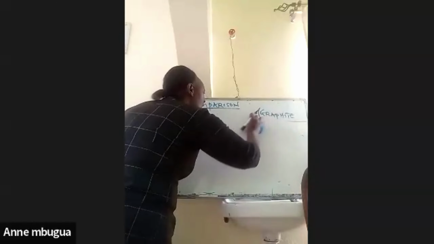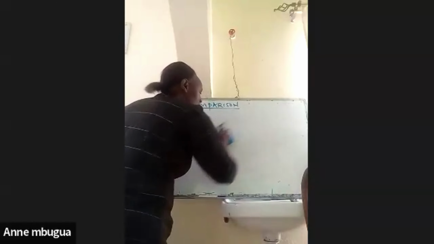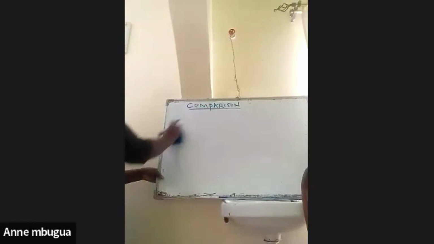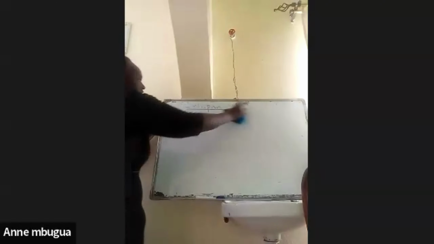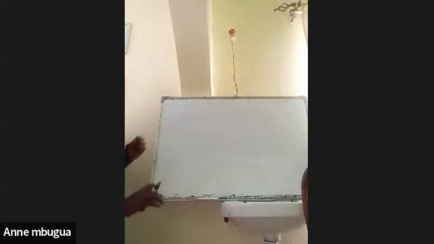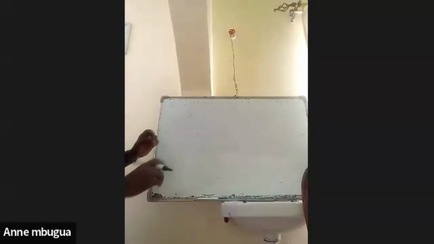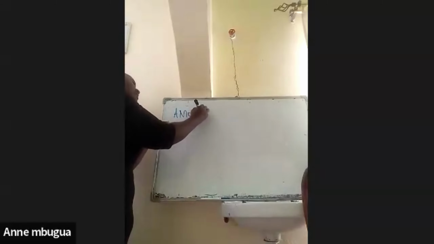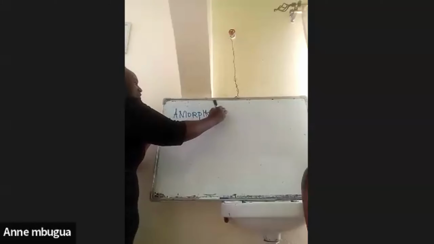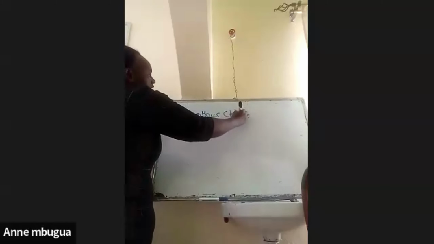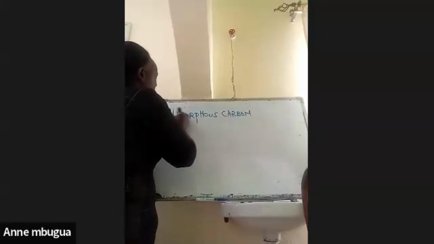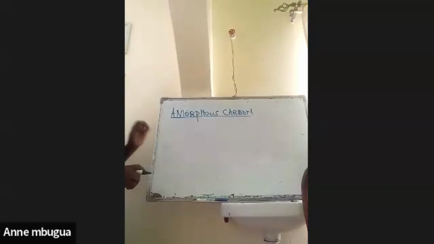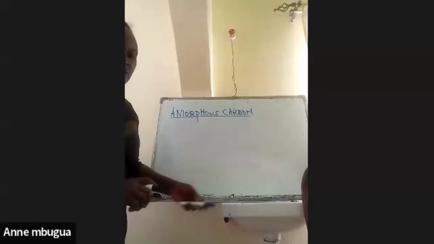Amorphous is the impure form of carbon, and it's the one that we are going to discuss next.